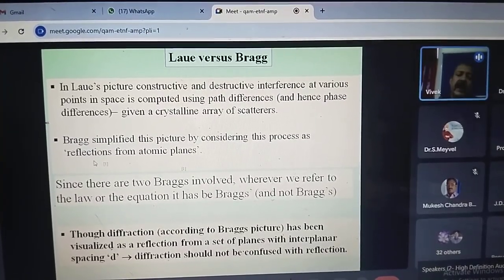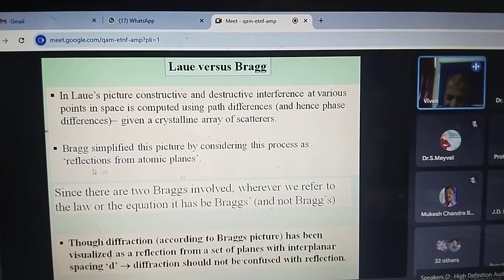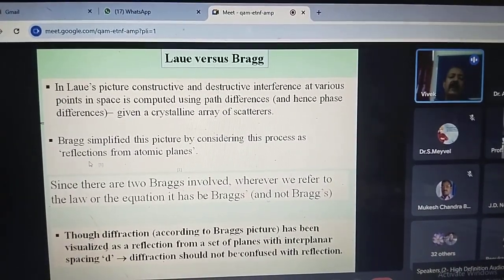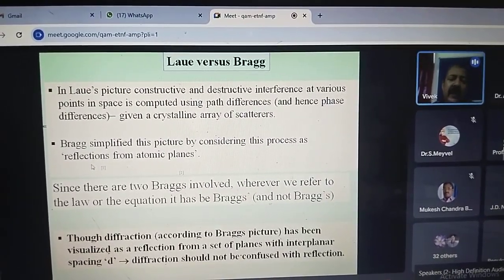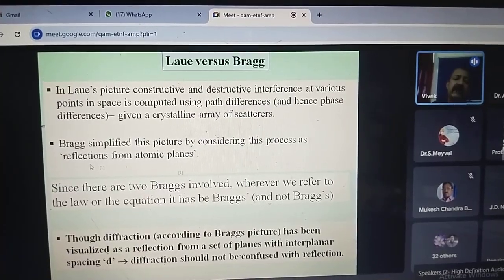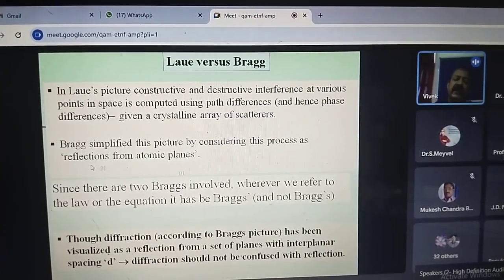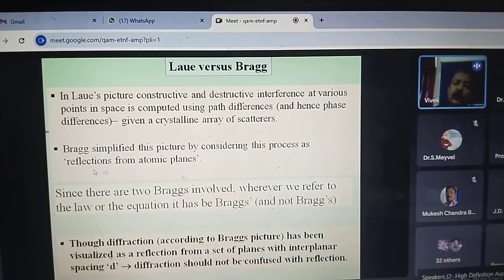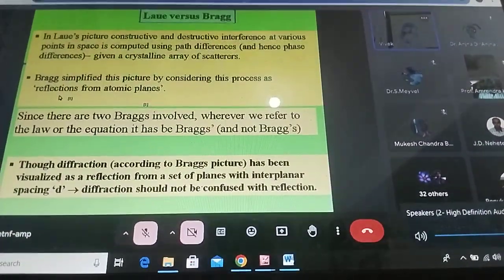Once I have the data in my hand, I make out which HKL are present and which are absent. Then I open the International Tables for X-ray Crystallography and see which space group my reflections match. So out of the 230 I have to select one.